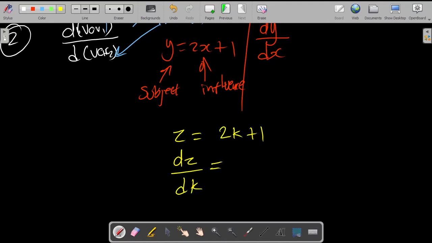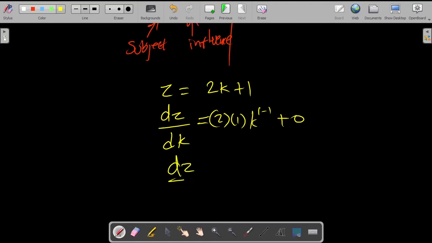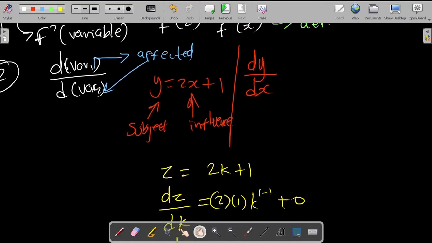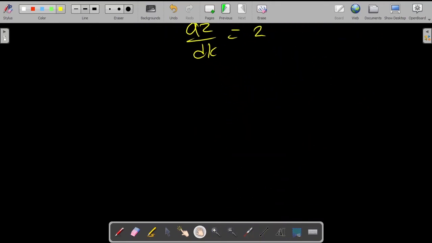Looking at this, using the addition rule and the constant rule, you have 2 multiplied by 1 multiplied by k, 1 subtract 1, and this is a constant. The derivative of that would be 0, and k to the 0 is just 1, so your result would just be 2. So I was just showing you how you use this type of notation.